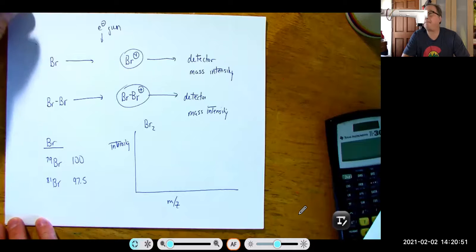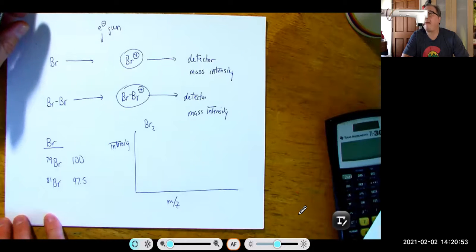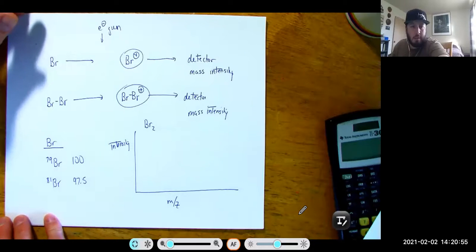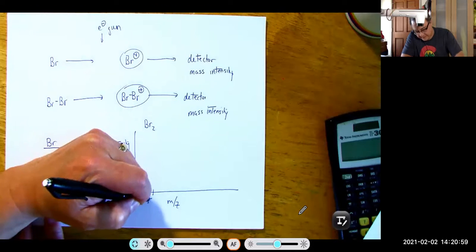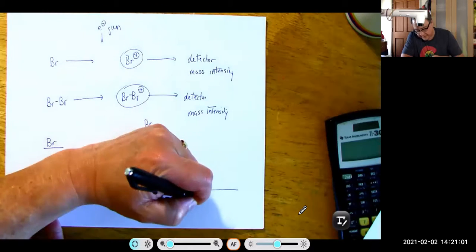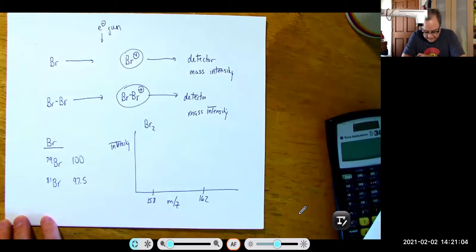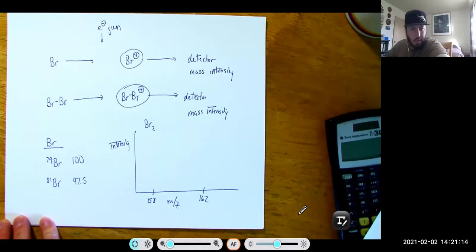What do you get? 148 and 162. 158. 158 and 162, yeah, like that. Which one is going to be bigger? The 158.